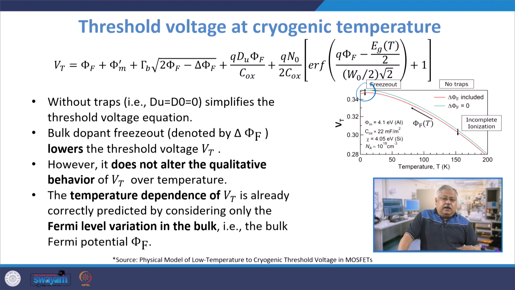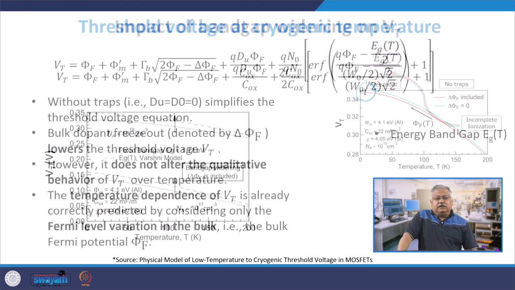So basically, if you carry forward your classical picture of threshold voltage, you actually overestimate the threshold voltage at cryogenics. At cryogenics, the threshold voltage is much lower as compared to the previous one. And as you can see, both the curves are basically parallel to each other, which primarily means that qualitatively there is no change in their pathway. As I discussed with you, we have therefore been able to predict by this discussion the threshold voltage variation with varying temperature, taking into consideration freeze out as well as incomplete ionization.